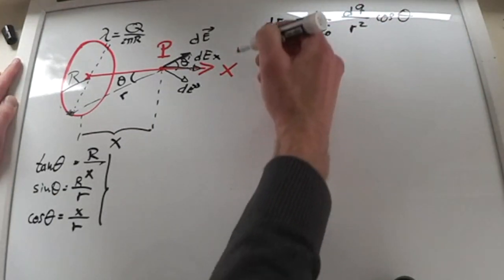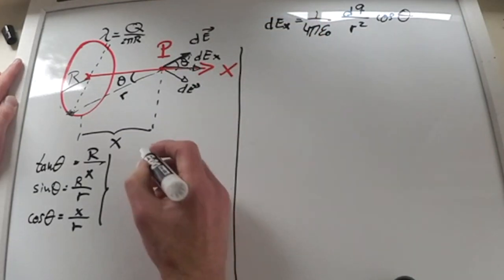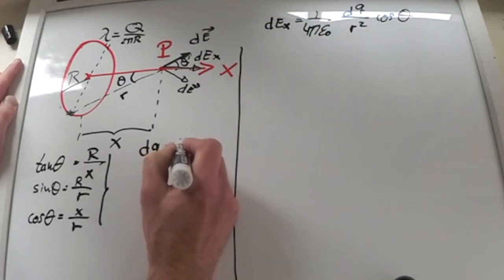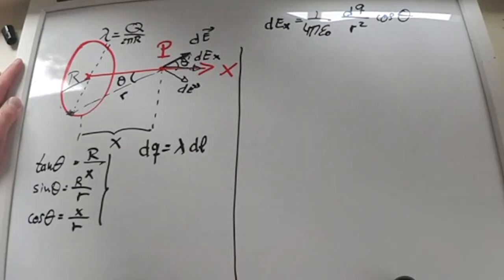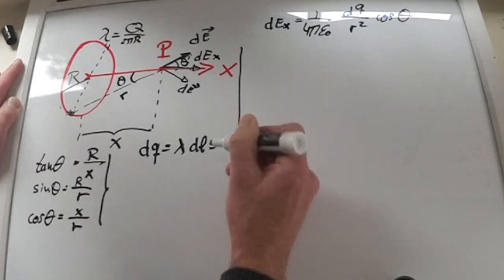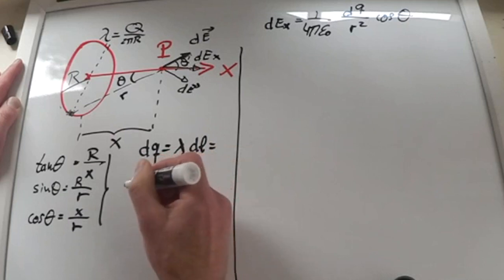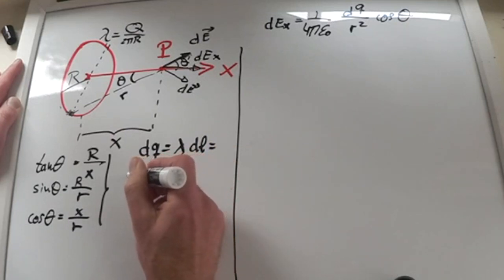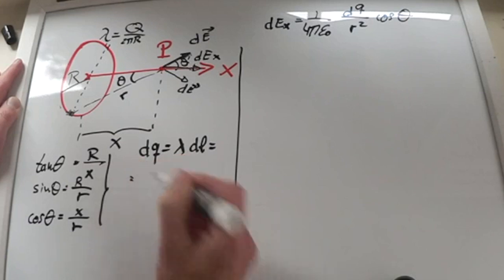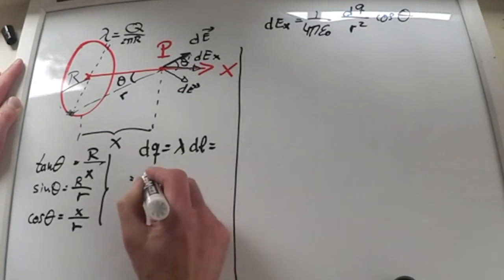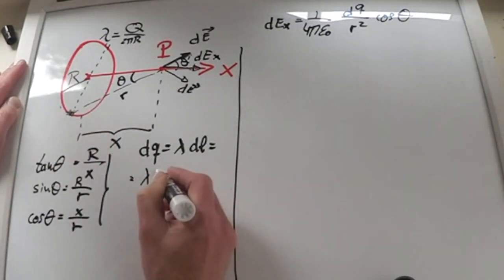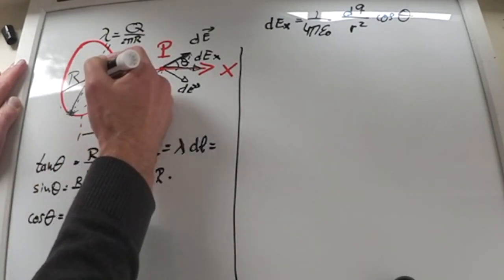Now, what is the differential of charge? Well, the differential of charge is the charge density multiplied by the tiny differential of length that we have here. Here I have to find a variable that is suitable for integration. In this case, dl, L is not a variable that I can integrate, but if I change that for something like phi, for example, an angle phi that I can integrate from 0 to 2 pi, then that's going to be very helpful. This is lambda, and the differential of length is the radius R multiplied by this differential of angle, which I will call phi.